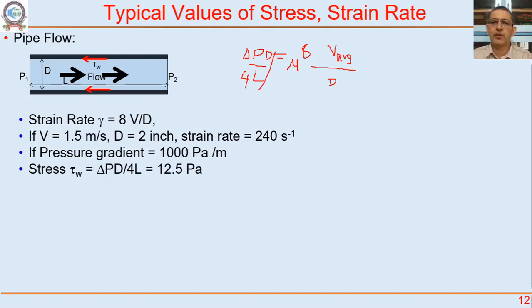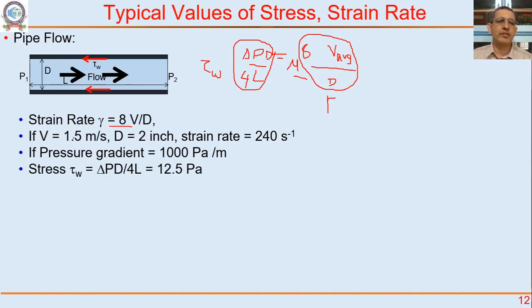Now this is tau w, and this is mu, and therefore this is gamma: 8 V average by d. So strain rate we can say is 8 V by d.